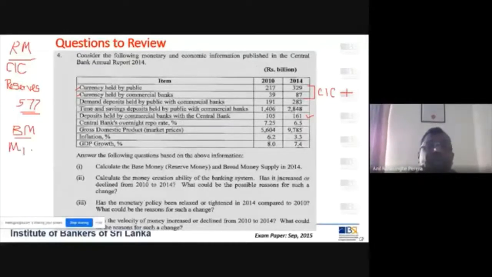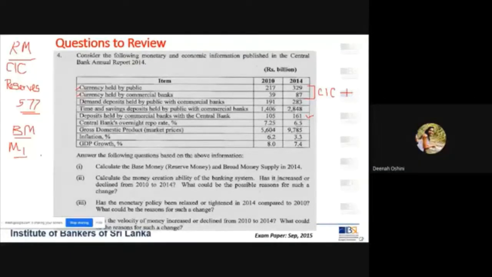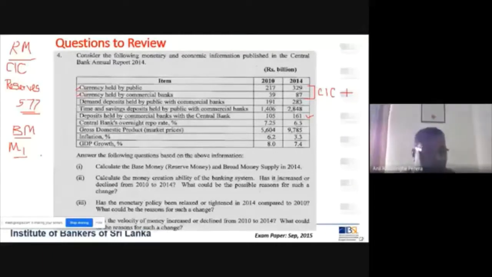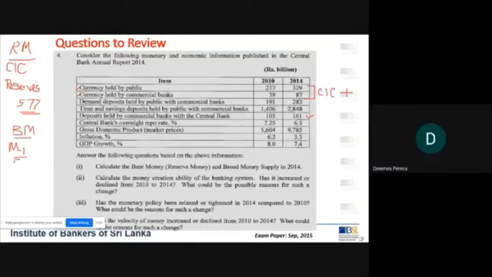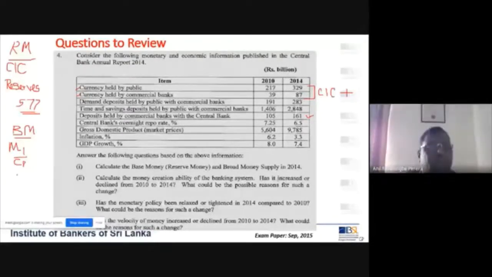So how do you define M1? What are the components we add to calculate M1? Currency held by public. Currency held by public, correct. Let's say CB. Demand deposits held by the public with commercial banks. Exactly.